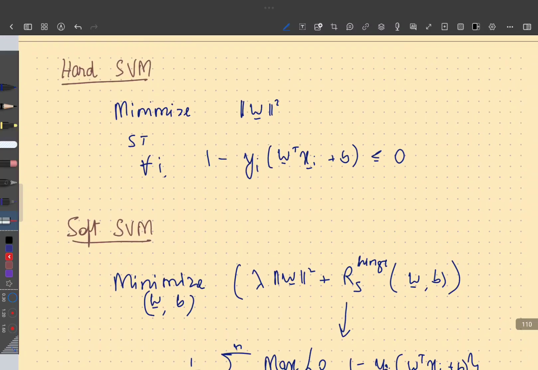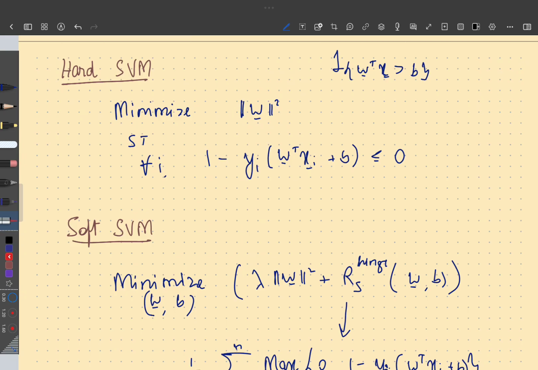Remember that the classifier is always of the form indicator of w transpose x greater than b. So the classifier itself just requires you to be able to compute the inner product.